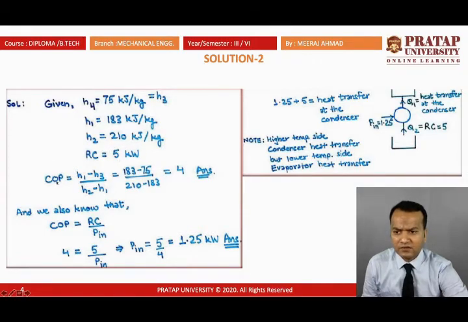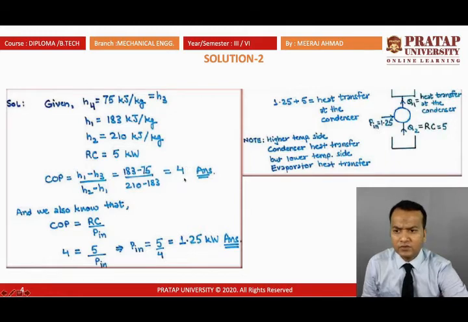The COP formula is H1 minus H3 divided by H2 minus H1, where the denominator is the work input and the numerator is the refrigeration capacity. H1, H3 and H2 are all given, so you can find the COP directly from the enthalpy formula.